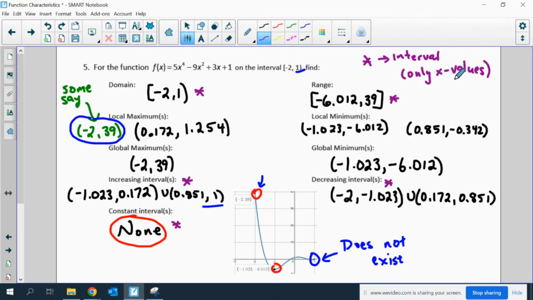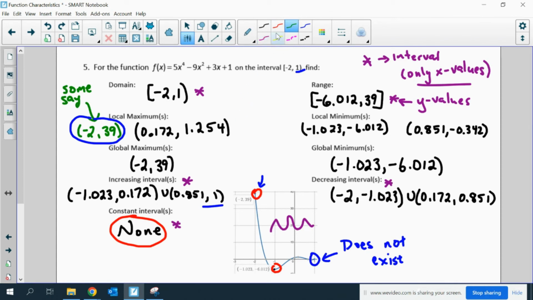We don't talk about y values in intervals for relatively obvious reasons, because y values can fluctuate a lot, and you wouldn't really know where you are on the graph. So intervals are only x value intervals, with the exception of range. So range would be an interval of y values, but all other intervals are only x values.